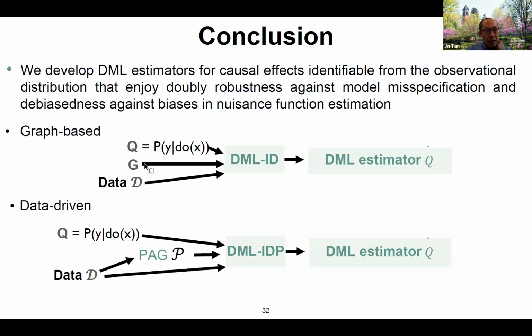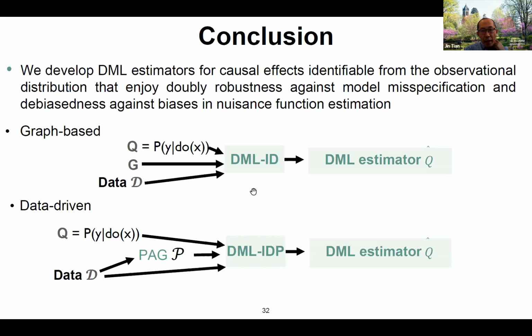Specifically, I have presented the result on two scenarios. In the first scenario, we assume we are given the causal graph and the observational data. We have developed a DML ID algorithm, which will give a DML estimator for any identifiable causal effect given this causal graph.